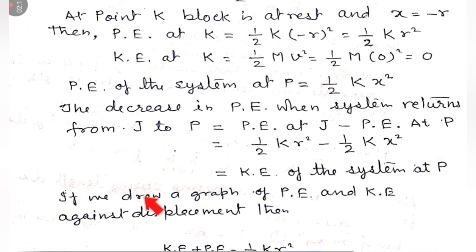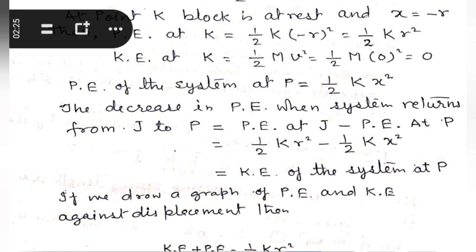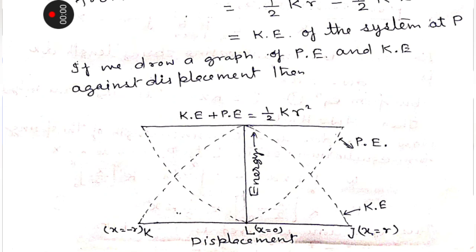Now if we draw a graph of PE and KE, meaning potential energy and kinetic energy, against displacement, the potential energy at the equilibrium position is 0 and at the extreme position is maximum. Here is maximum and here is maximum.